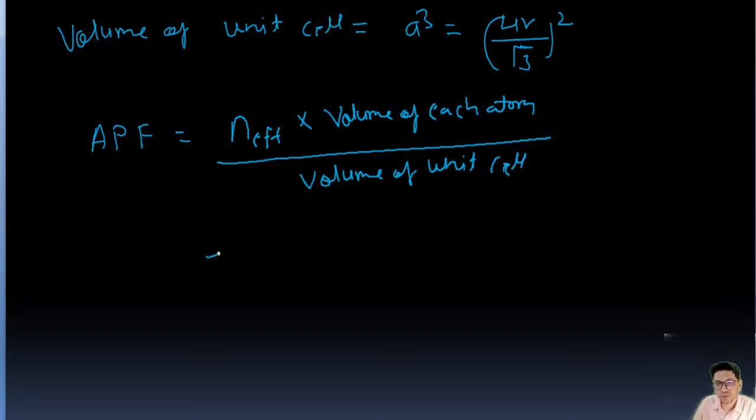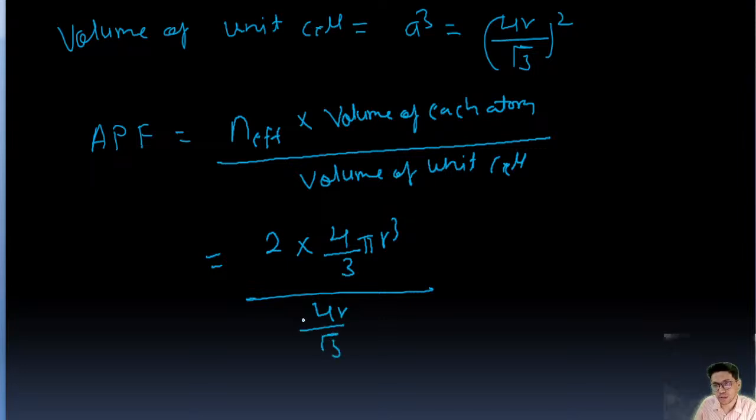So N effective for BCC is 2, the volume of each atom is 4 by 3 pi r cube, upon the volume of the unit cell, a cube, which is 4r upon root 3 whole cube.